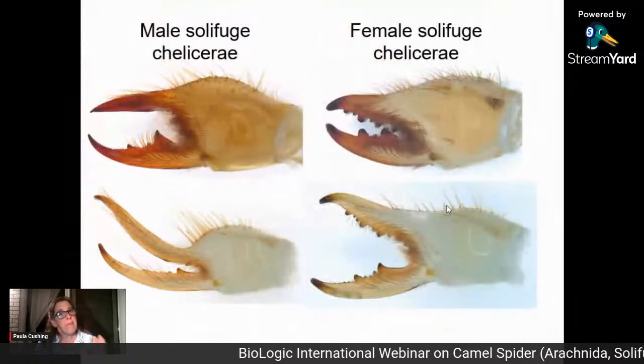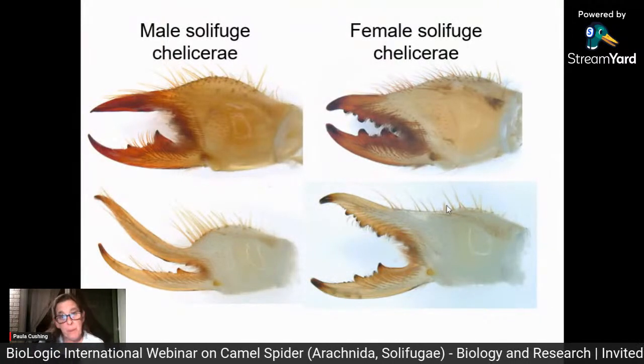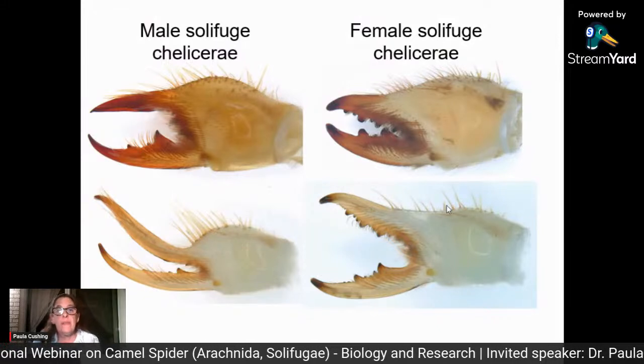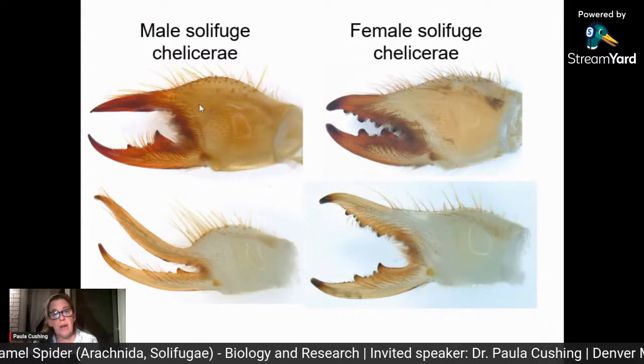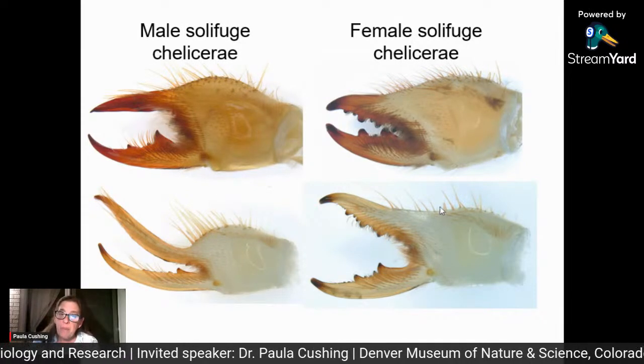I mentioned that male chelicerae are very specialized for transferring sperm into the female. This slide shows two male chelicerae on the left and the analogous female ones on the right.